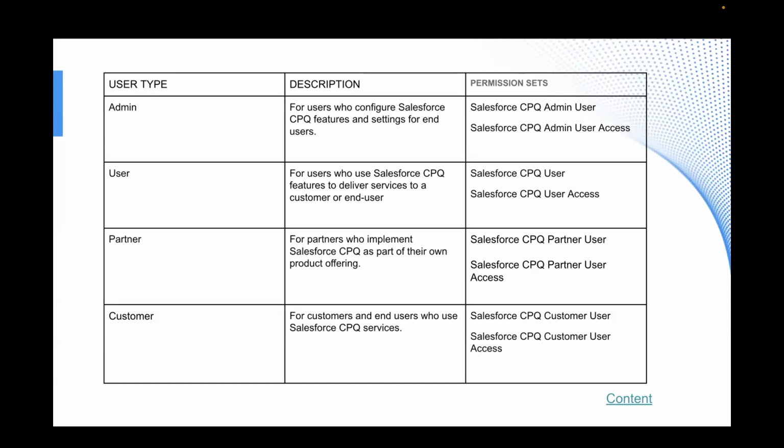And the last one is customer. If we want to give our customers the ability to directly generate a quote themselves, then for those customer users, we can assign these 2 permission sets, Salesforce CPQ customer user or Salesforce CPQ customer user access permission set.